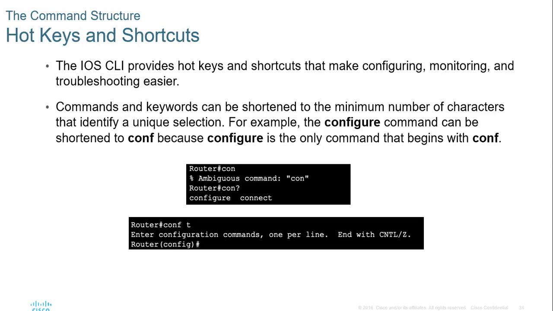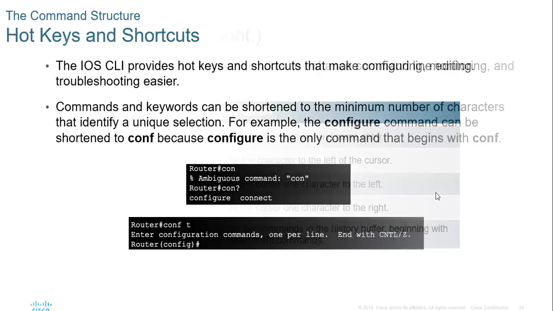Configure terminal: enter configuration commands, one per line. End with Control Z. The shortcut key Control Z is used to come out of this. So router(config)# is the basic prompt.